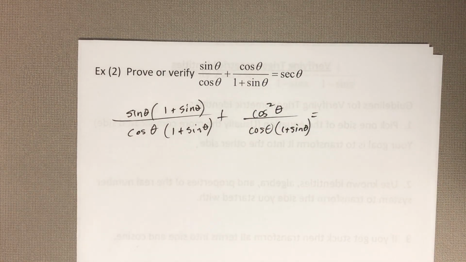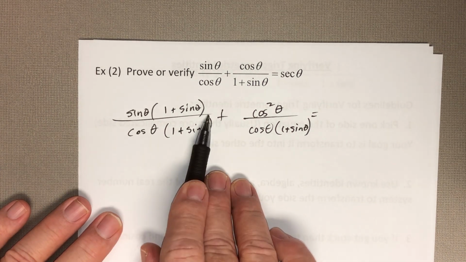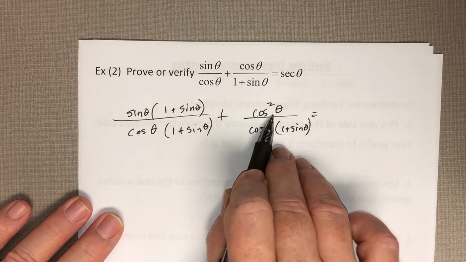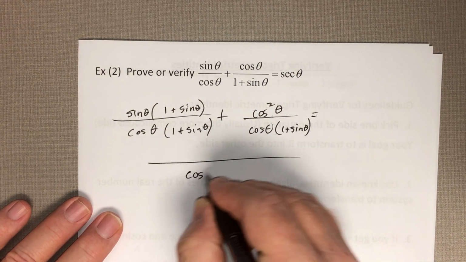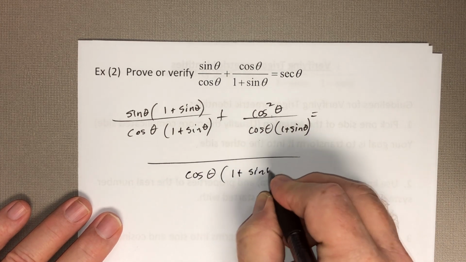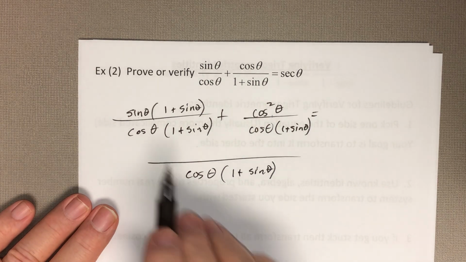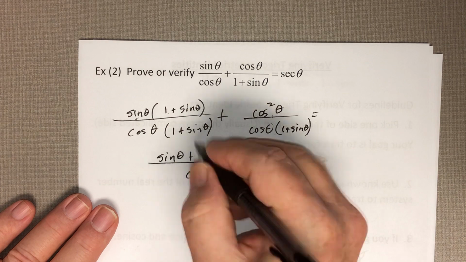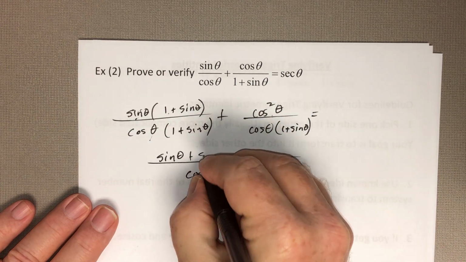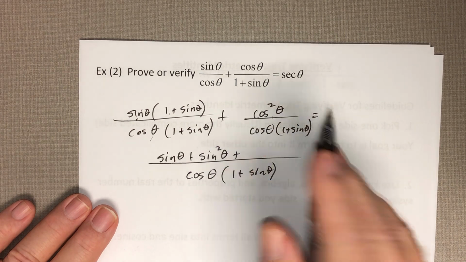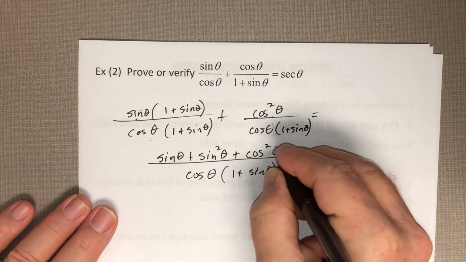And now I'm going to go ahead and distribute over here, and add it to this numerator and get that common denominator, the cosine of theta times 1 plus the sine of theta. So this times this is the sine of theta, plus this times this is the sine squared of theta, plus the other numerator, which is the cosine squared of theta.